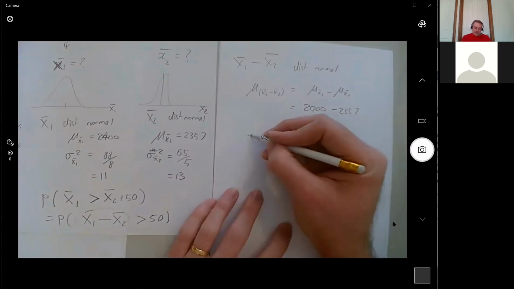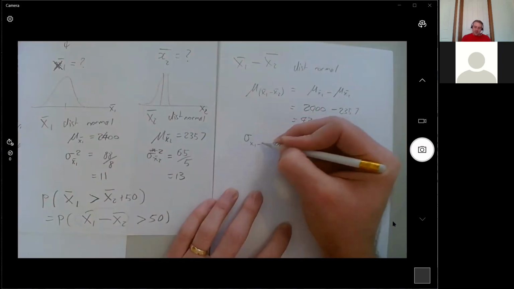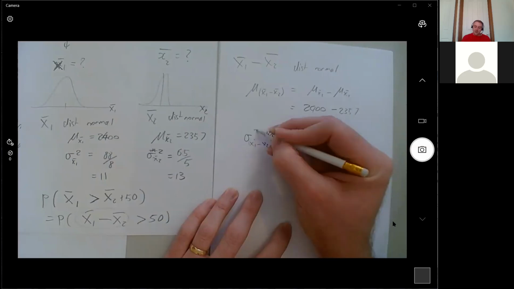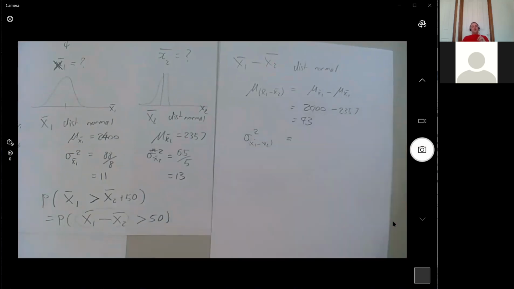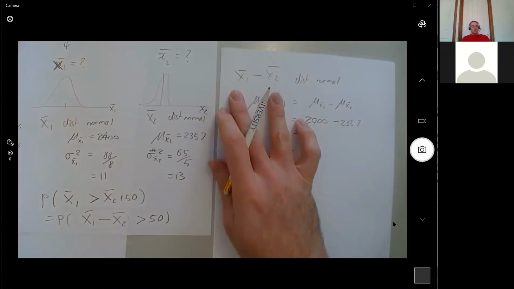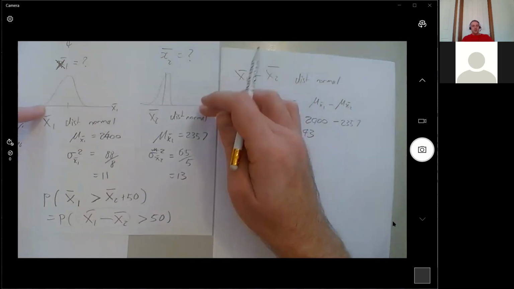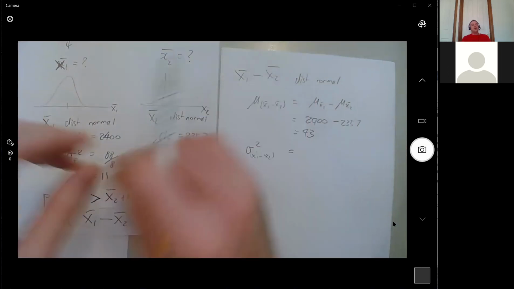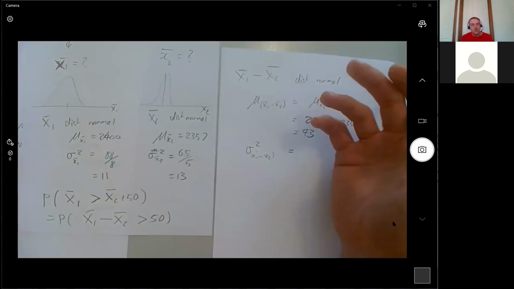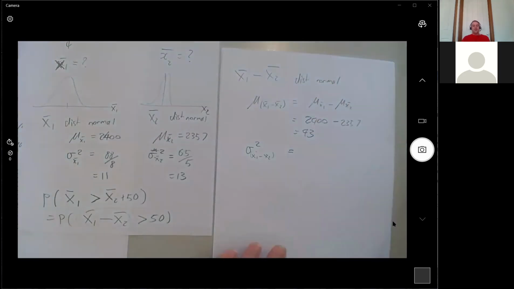And the variance of x1 bar minus x2 bar should be what you get when you add the two variances. Because for the difference between them, you could have a big one of this and a small one of this, or a small one and a big one. And so you end up with more variance overall for the difference between them.